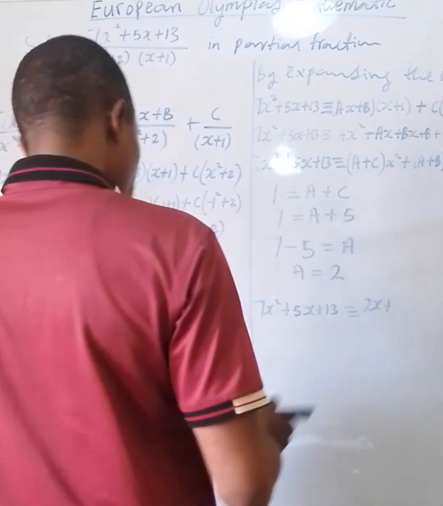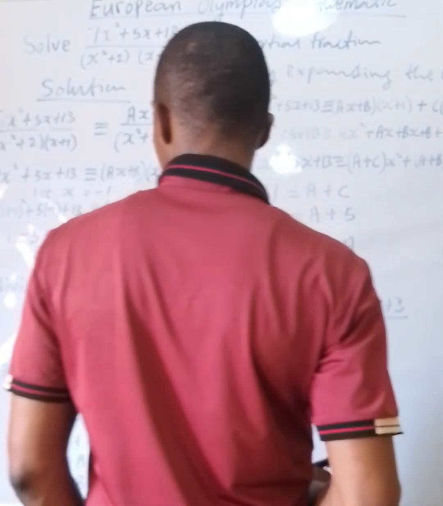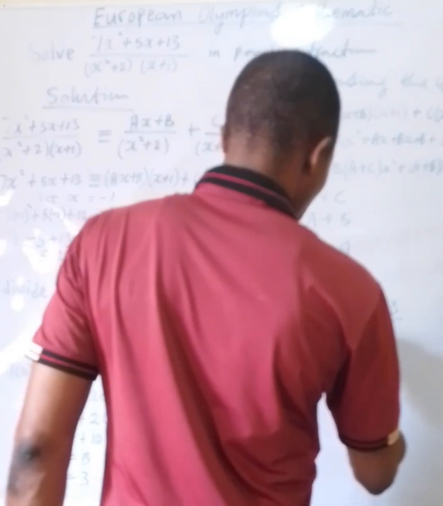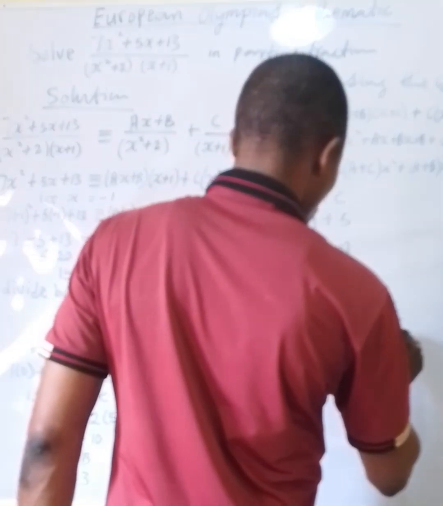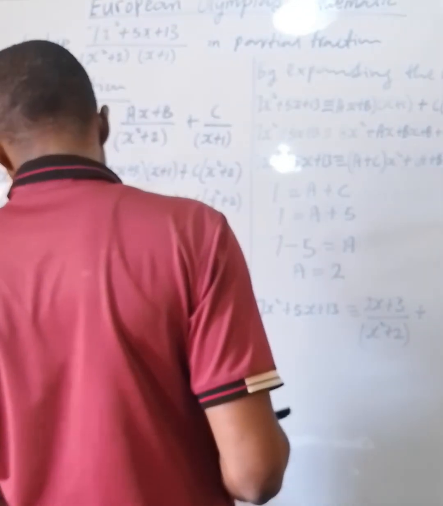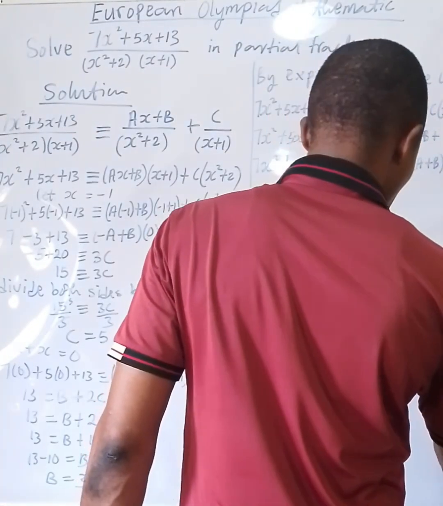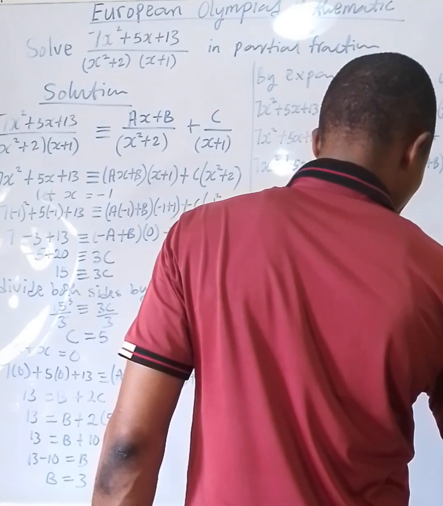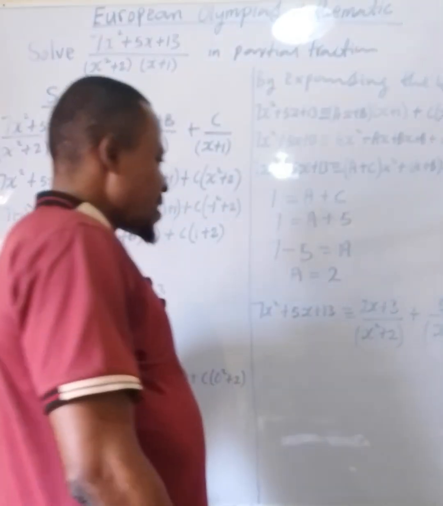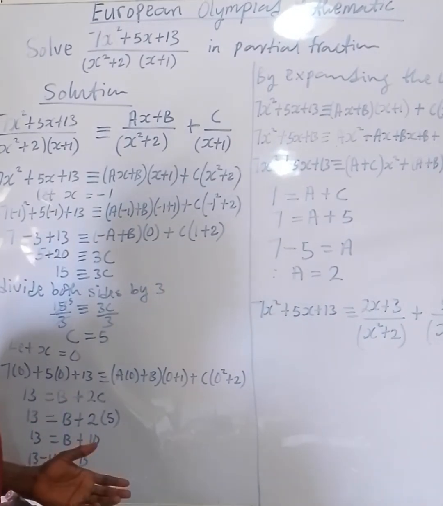What is the value of our b? Plus 3, all over x squared plus 2, plus, and what is the value of our c? 5 over x plus 1. So that's our answer, and that's how to solve partial fraction.